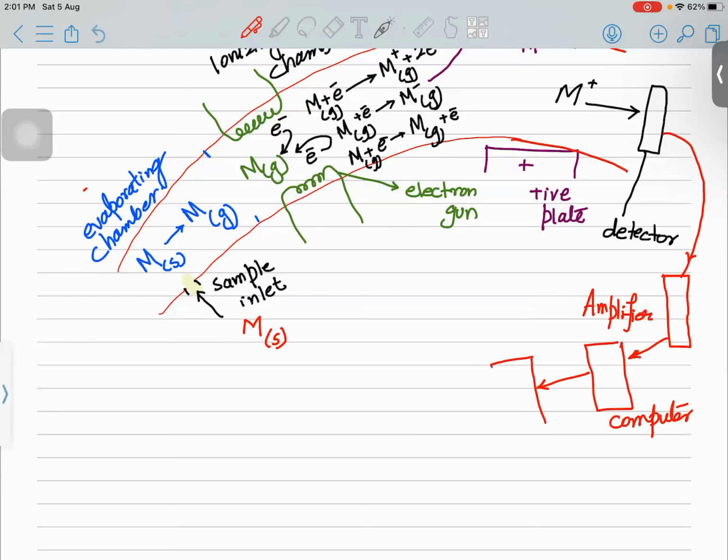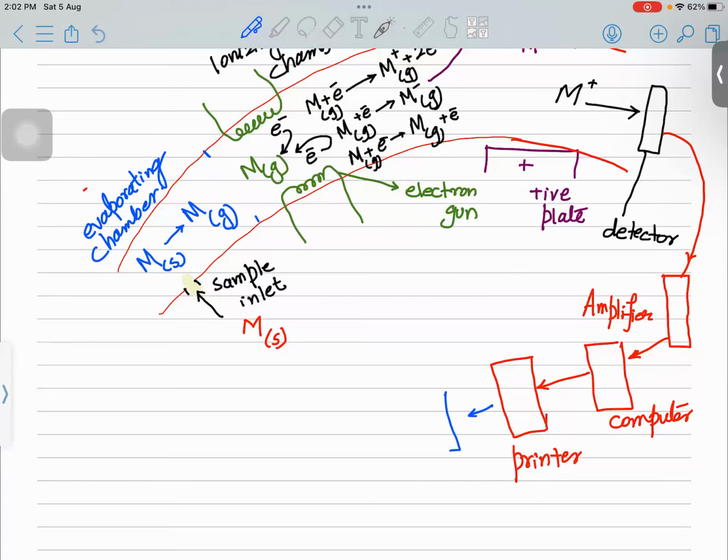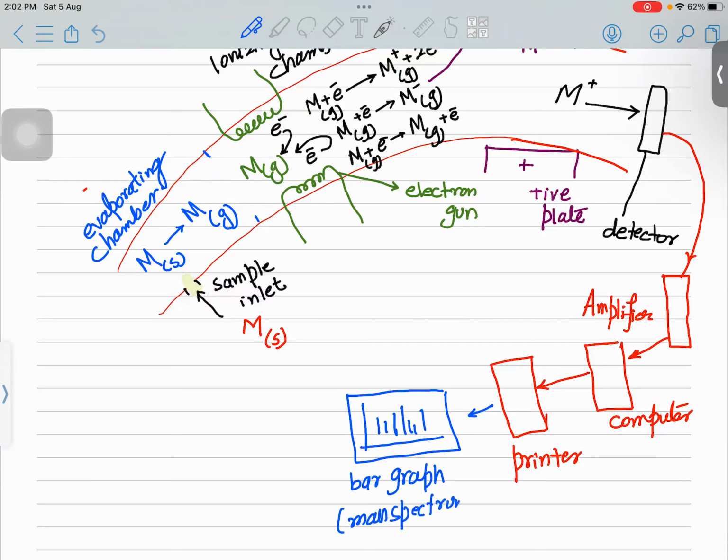Then you have the printer. The printer gives a graph, a bar graph known as the mass spectrum. Through the mass spectrum, you can predict the mass. Are you getting my point or not?